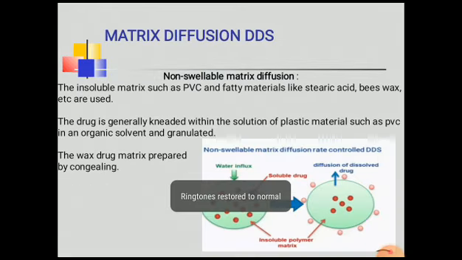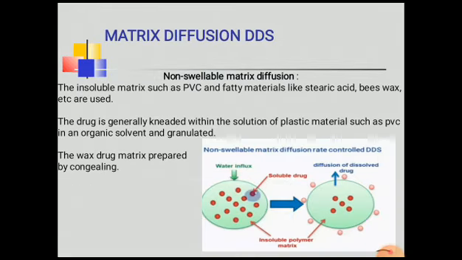The next is the non-soluble matrix diffusion system. Here we are not using hydrophilic polymers. Mainly we use plastic polymers or fatty materials, which have very high porosity. Due to that high porosity, the drug can easily diffuse from inside to the outer side.